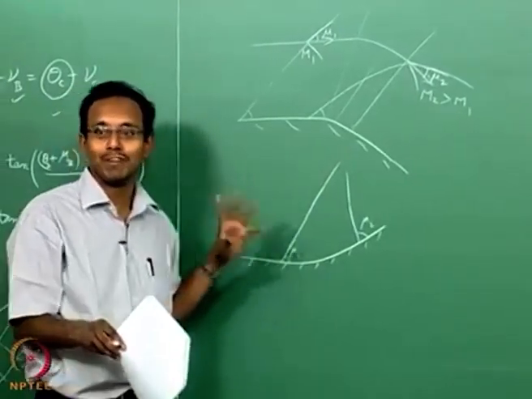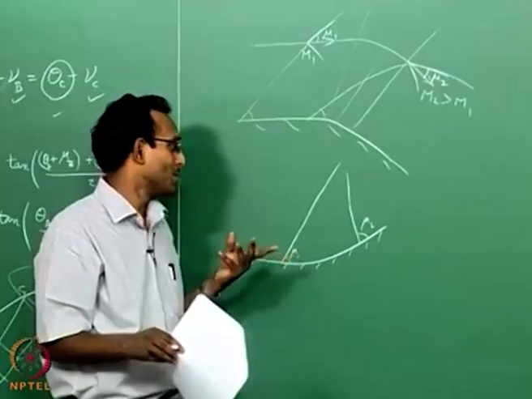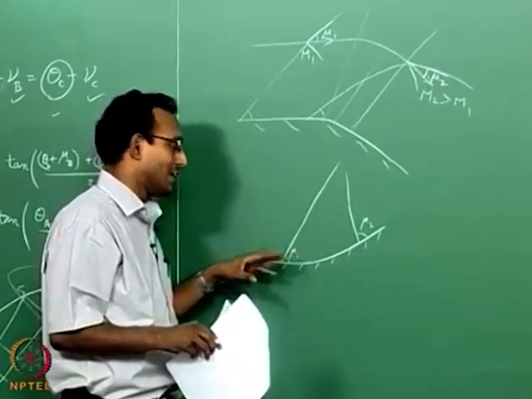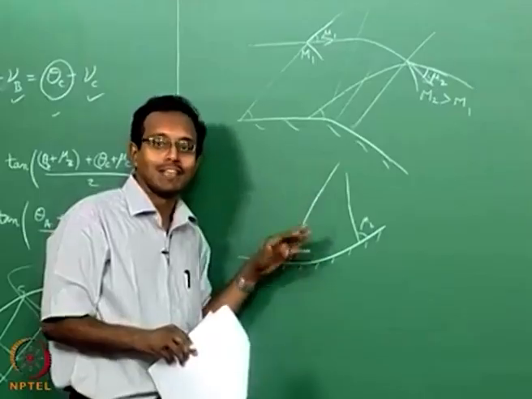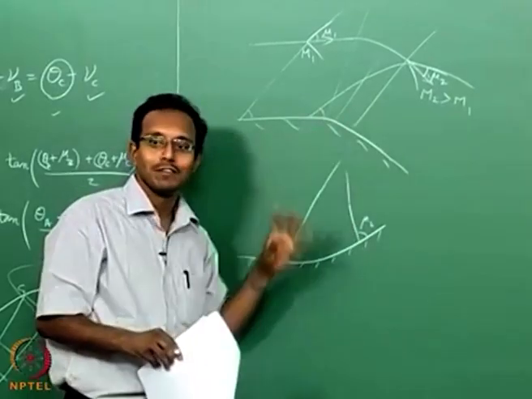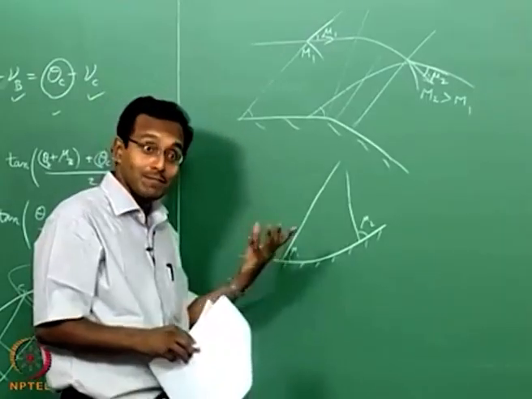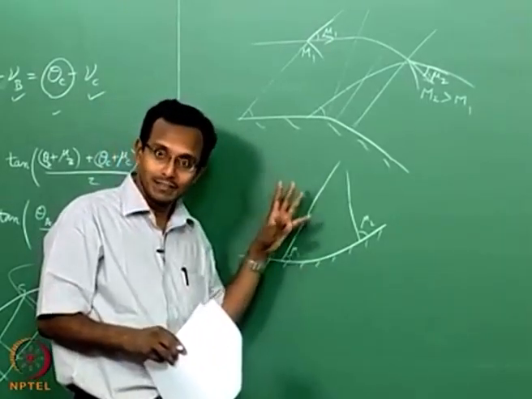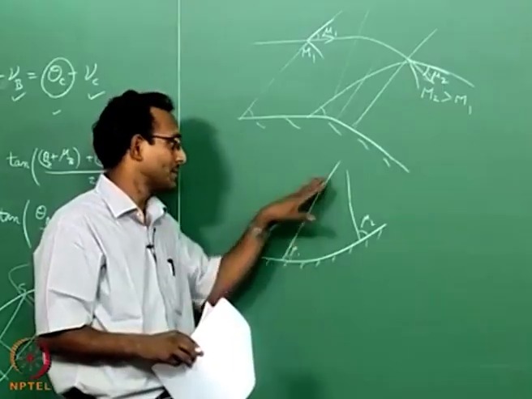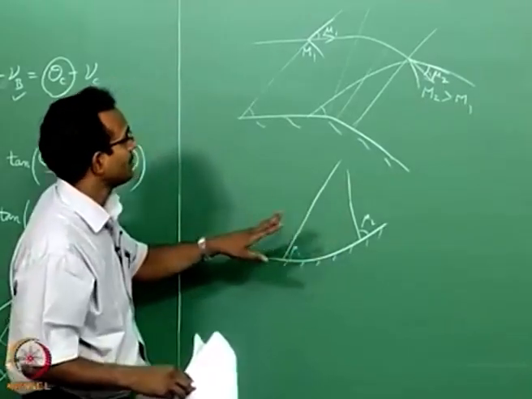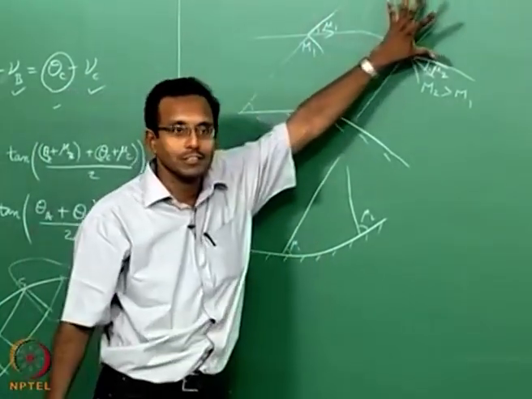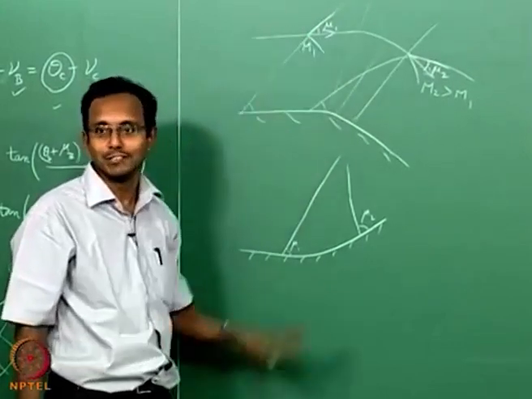Now, we start talking about family of characteristics. If I think about characteristics that are left running, they are called one family, they are all the left running characteristic family, and there could be another family which is right running characteristics. Same family characteristics, if they want to meet, if they come together, then there is compression happening in that region. If they diverge, then there is expansion happening in that local region.